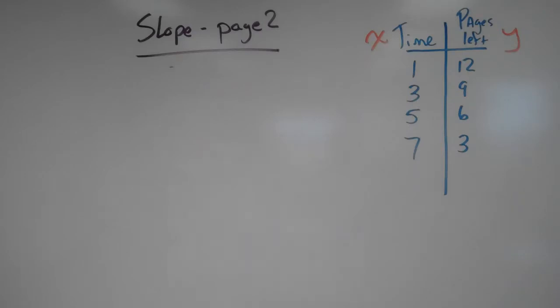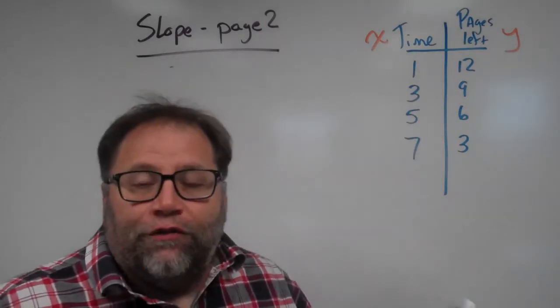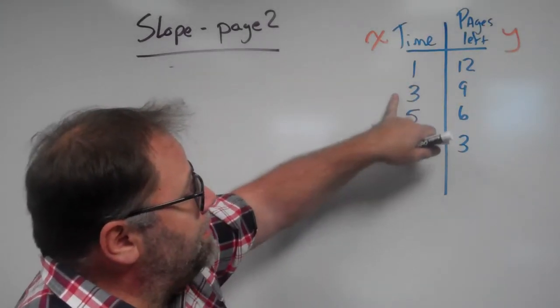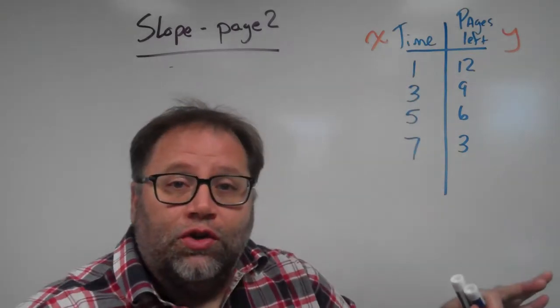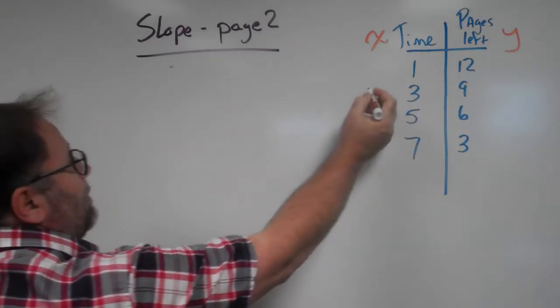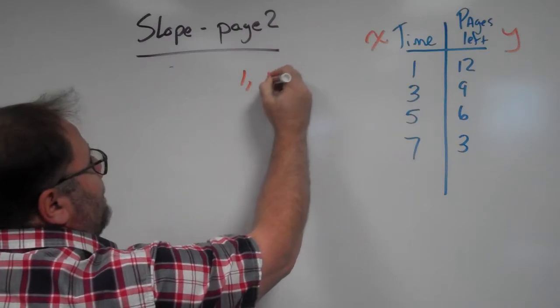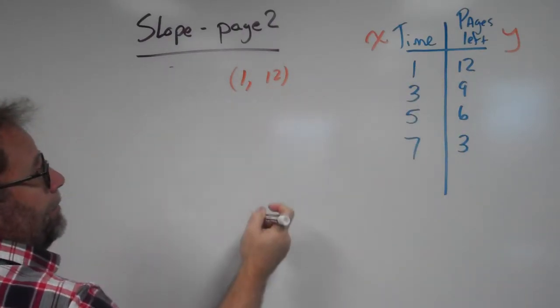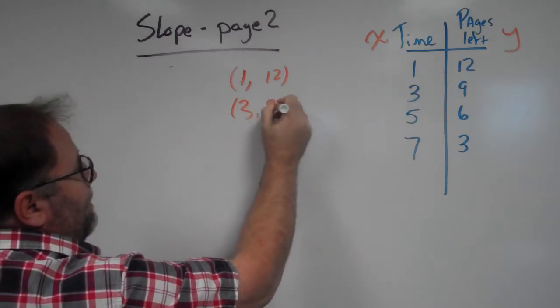I'm just going to pick the first 2 points. You could pick any point. You could pick this point and this point, this point and this point. Any 2 is perfectly fine. So I'm going to pick the first one, 1, 12, x, y. Then I'm going to pick the second one, 3, 9.